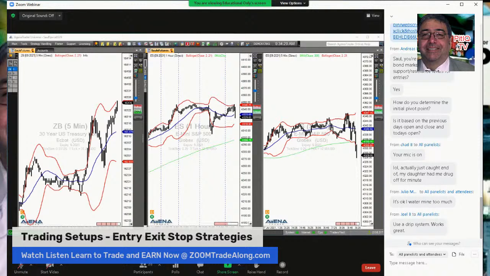Now we're working the 29 area here. If you got in at the lower end there, you're getting a nice little rotation here off of that level.